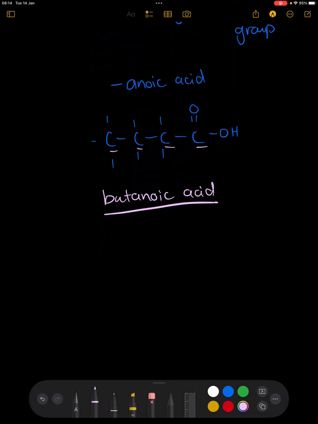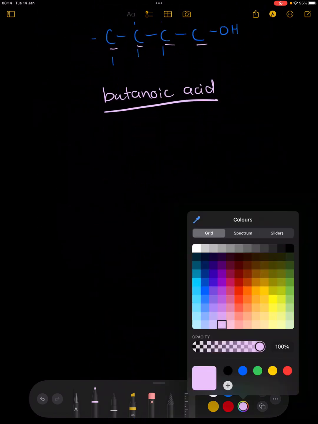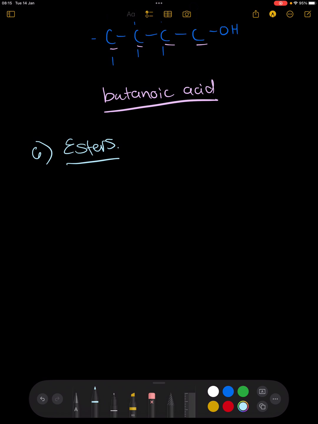And that brings me to esters, the very last one. That was number 5. So the very last one, number 6, is esters. And an ester looks a little bit similar to a carboxylic acid because it has the double bonded oxygen at the top and then an oxygen to the side.